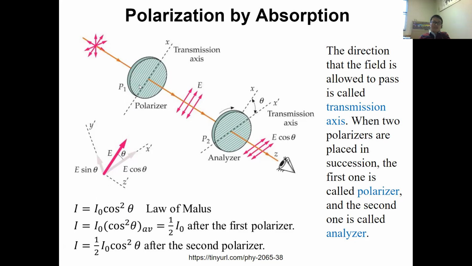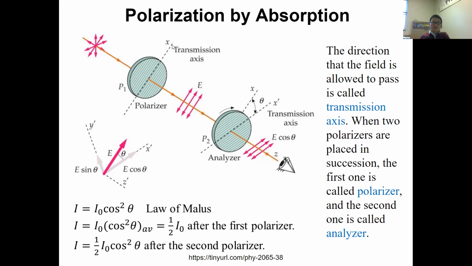So in this case, if you have unpolarized light going through this first polarizer, each of those rays, let's take rays for the light there, on average has the cosine squared average to be 1/2, right? Because you do the square of it.